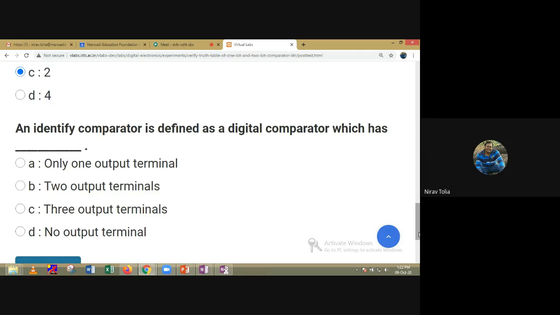So either it is A, B, C or D. Okay, Mahima and Jenny give the answer, it is A. Okay, Rajesh also gives the answer.